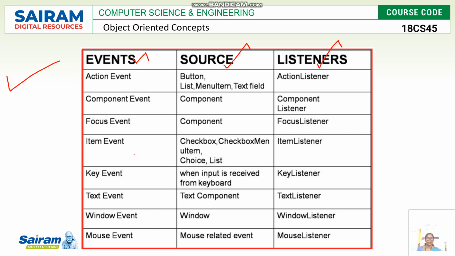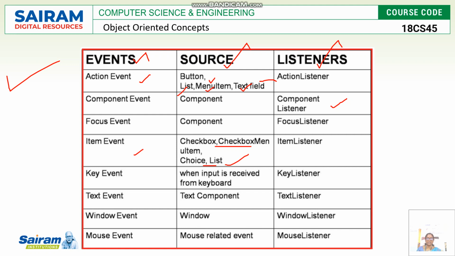When we take action events, the sources are button, list, menu item, and text field, and they are handled by the ActionListener. Component events are mapped with the ComponentListener, and similarly item events come from checkbox, choices, and list box.